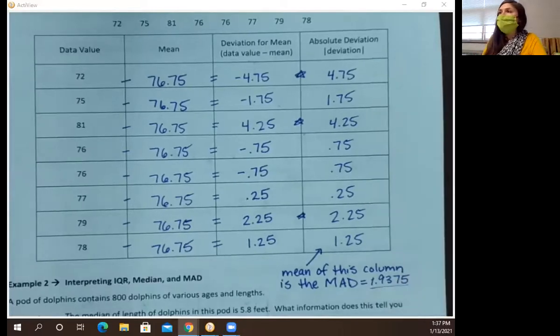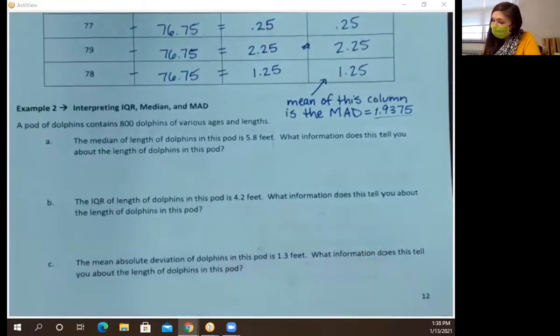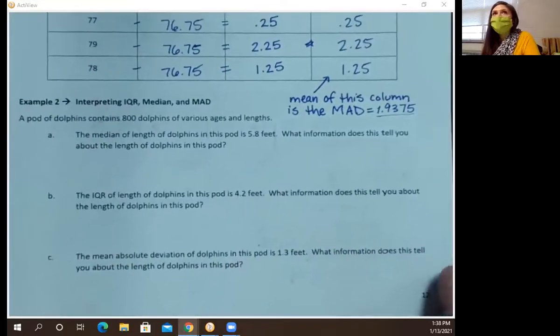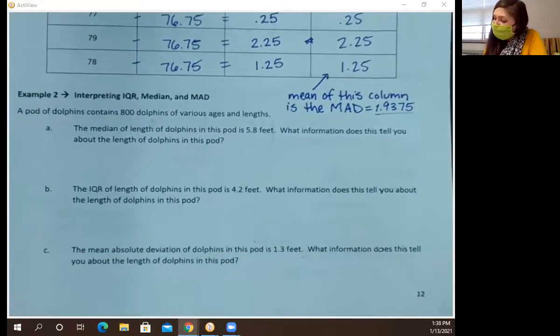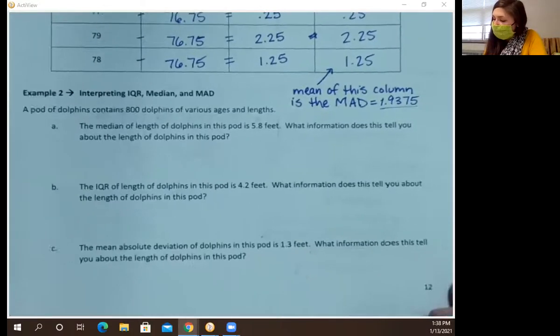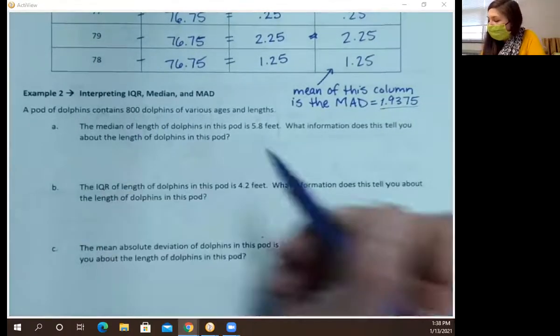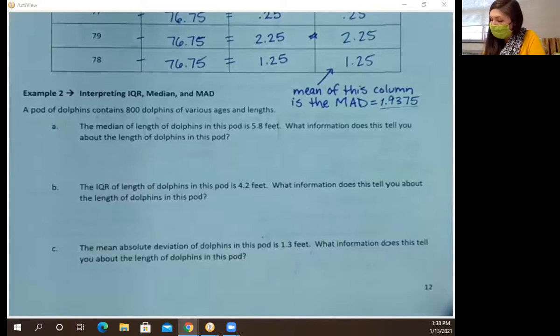Okay. So let's take a look at interquartile range, median, and mean absolute deviation with one more different sort of problem. Down at the bottom of page 12, we're going to do one more example together. The context is a pod of 800 dolphins with various ages and lengths.